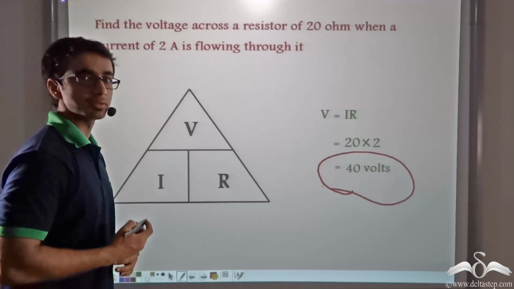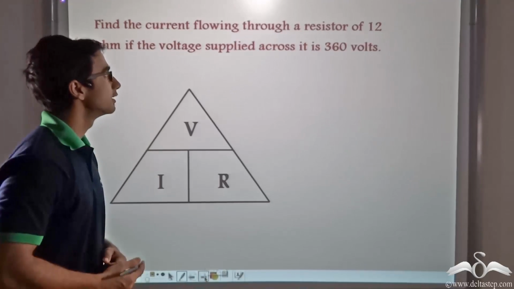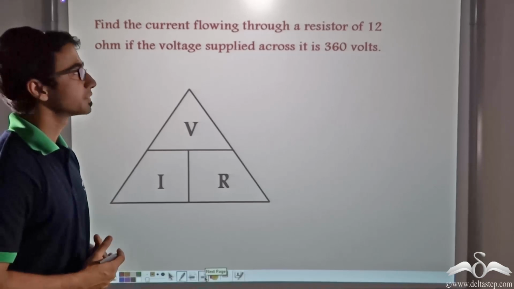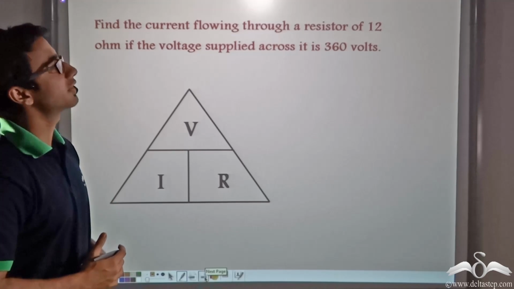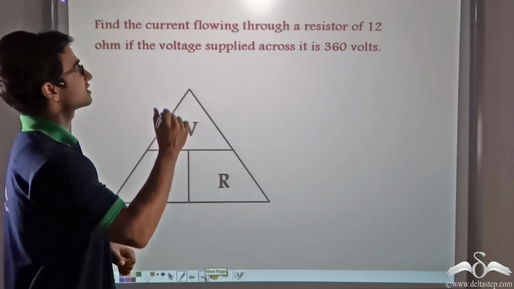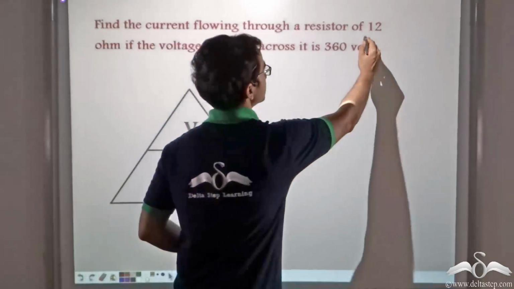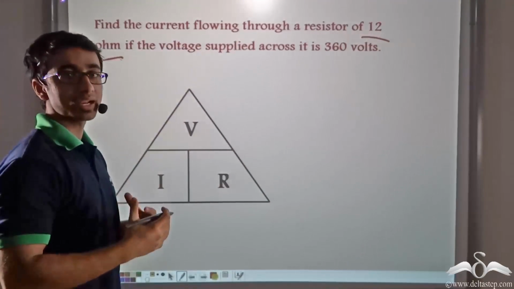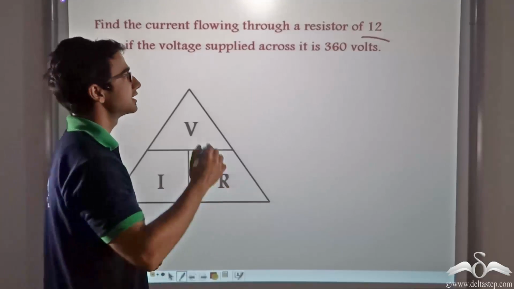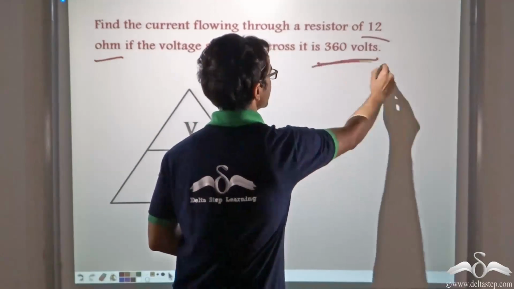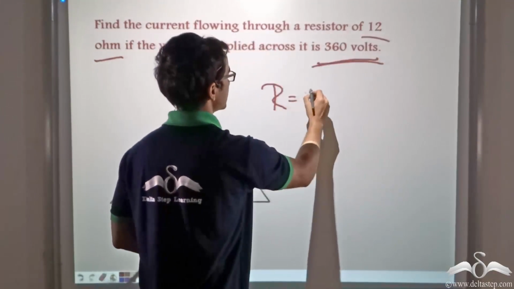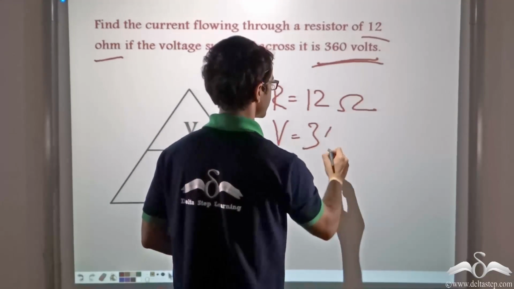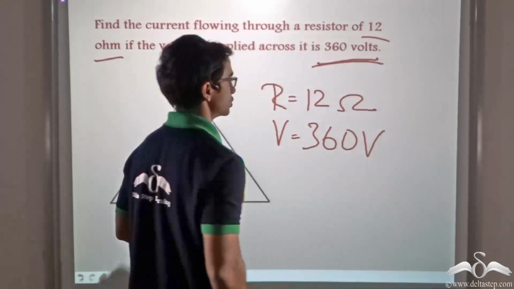Let us take another example. In this example, we have been asked to find the current. A resistor of 12 ohms has been taken, and the voltage supplied across the resistor is 360 volts.